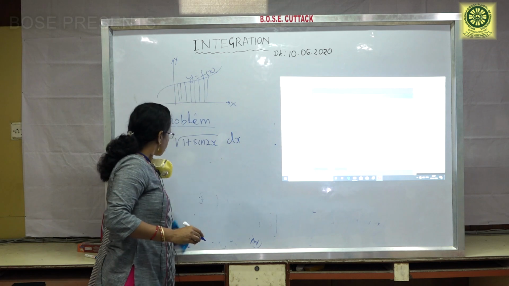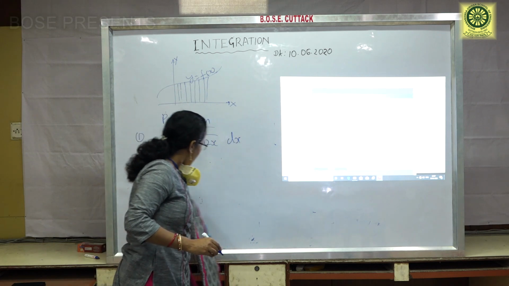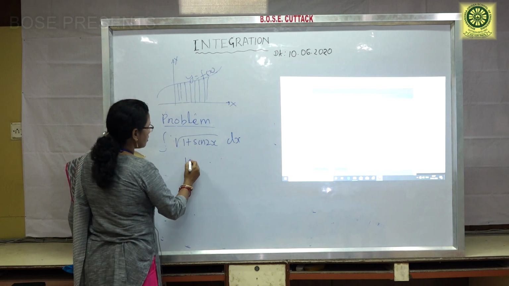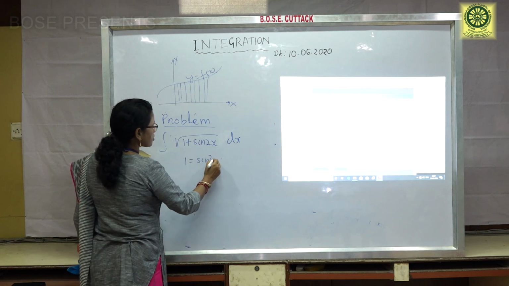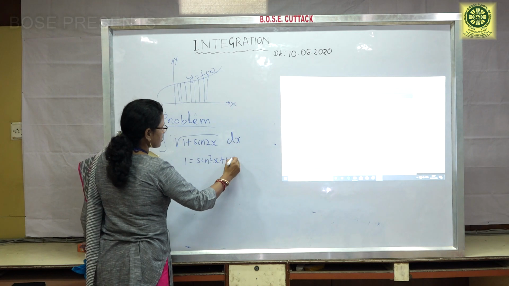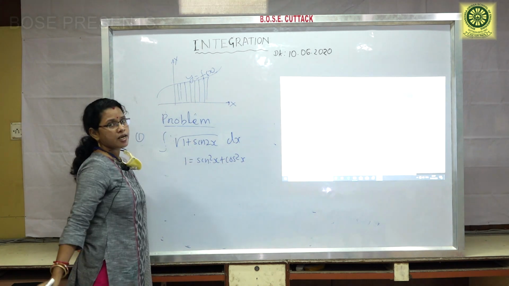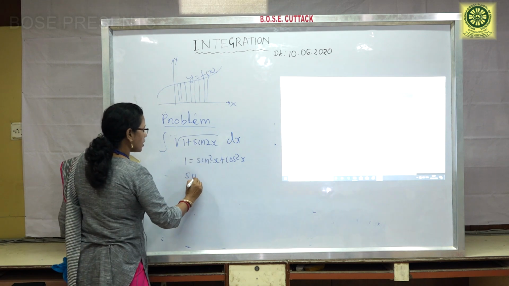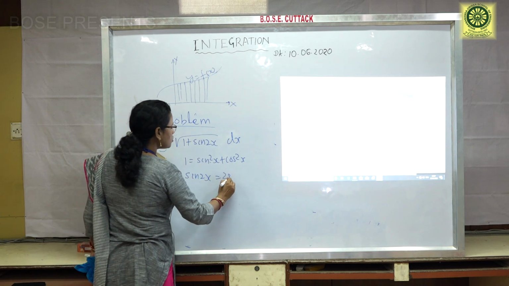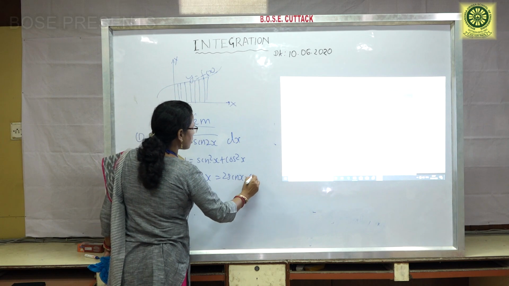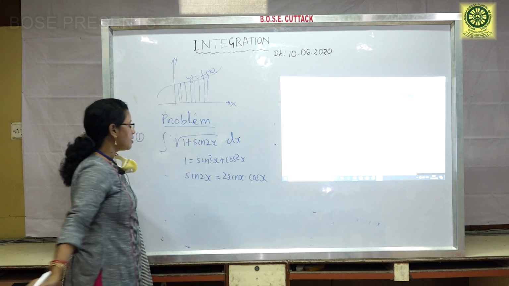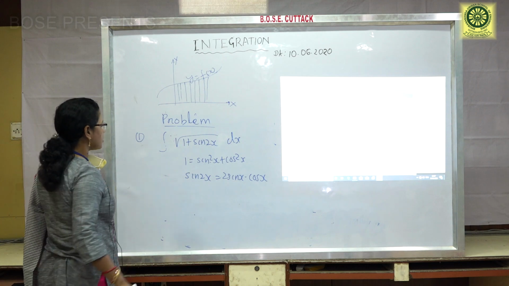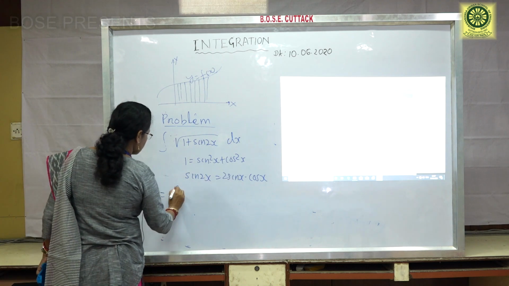To integrate this, we can replace this 1 by sin square x plus cos square x, as sin square x plus cos square x is 1. And replace sin 2x by 2 sin x into cos x.